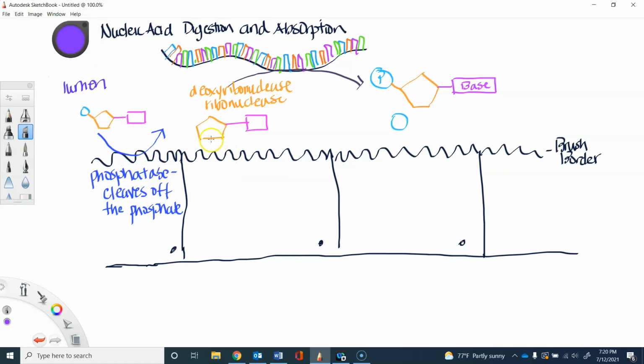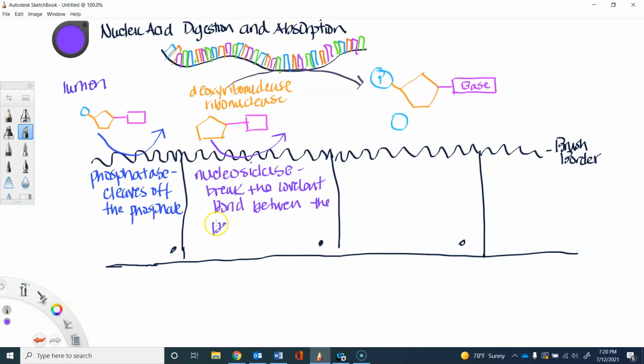And there's another enzyme here called nucleosidase. And it breaks the covalent bond between the pentose sugar and the nitrogen base.